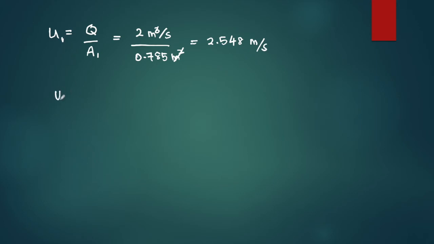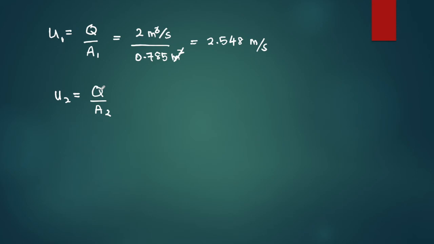So solve for U2. We have U2 equal to Q over A2. The volumetric flow rate will be the same because the flow does not move to another location, or it does not have a separation or junction that will divide the flow rate into two different areas.